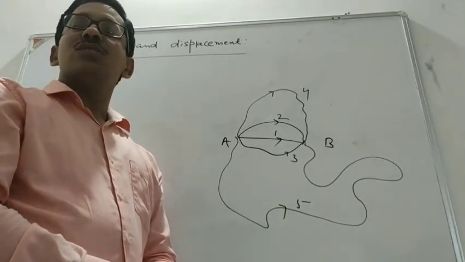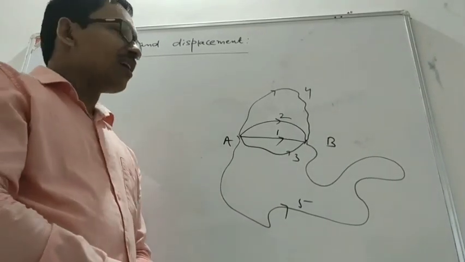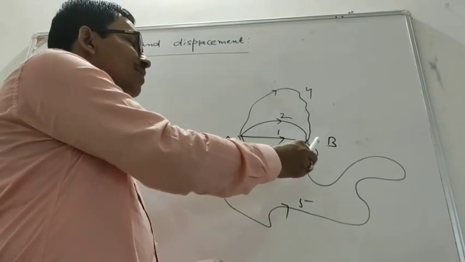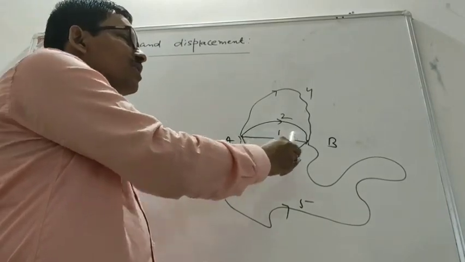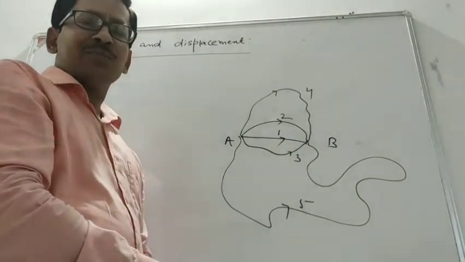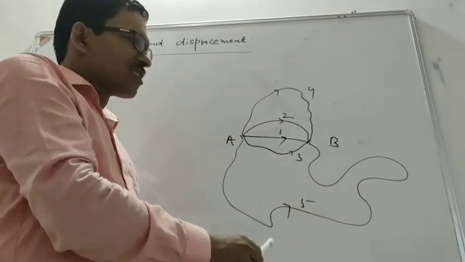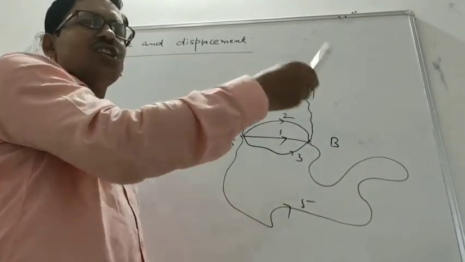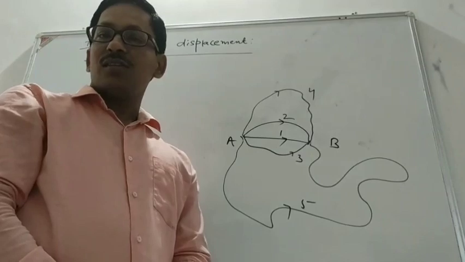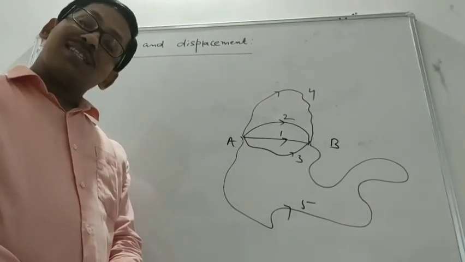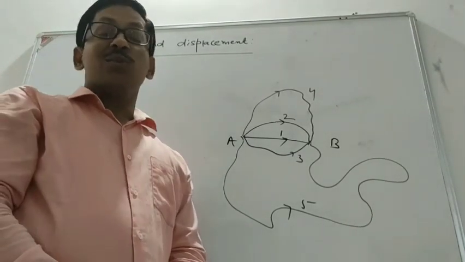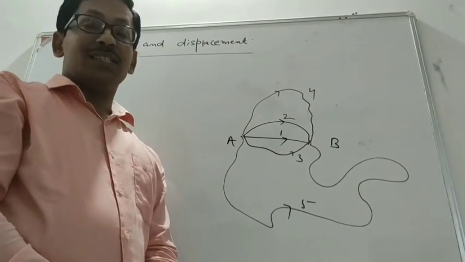And it has no specific direction. When you are following path 1, he is going straight in one direction. If he is going by path number 2, he continuously changes the direction. In all other cases also he continuously changes the direction. So the distance covered has no direction. So it is a scalar quantity.